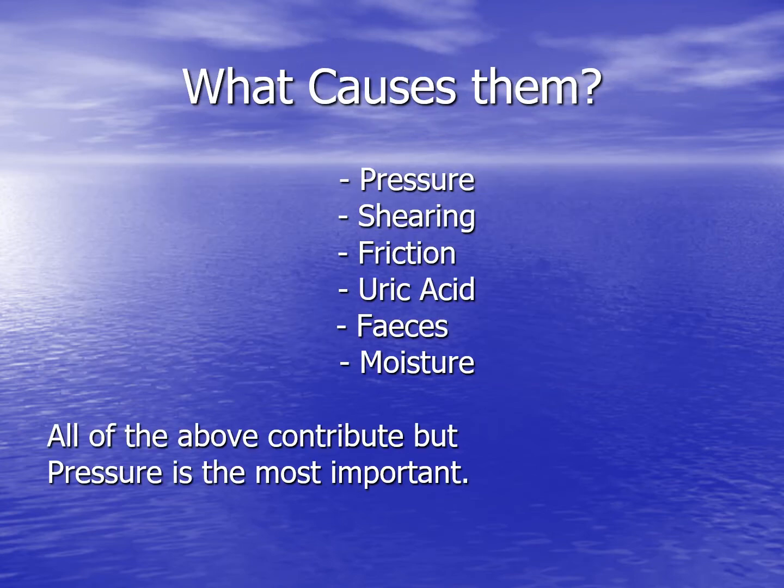So what causes them? We talked about the pressure, which I described as I was going through the categories. You can also get something called shearing. For example, if you sit someone up in the nursing bed, gravity will bring tissue downwards, and that can occlude the blood vessels.